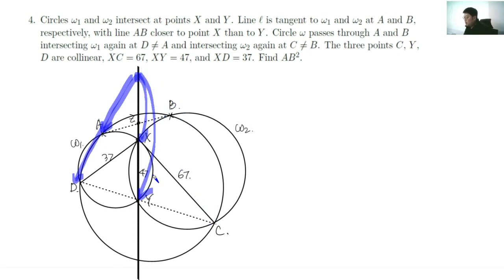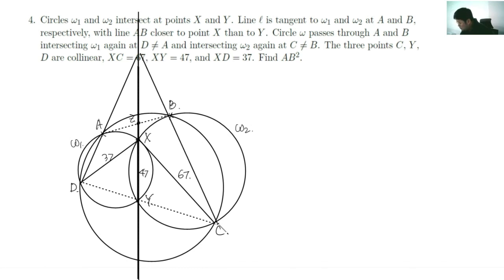Now forget about the power of a point. I just need to draw one full picture because I'm gonna use similarity. Let's fix B, and call this point P, A, and D, all nice. So we have an interesting picture.